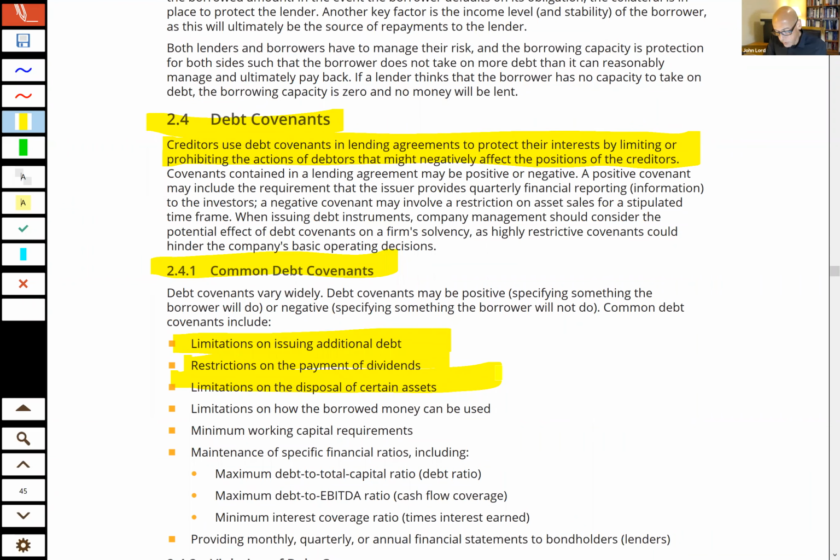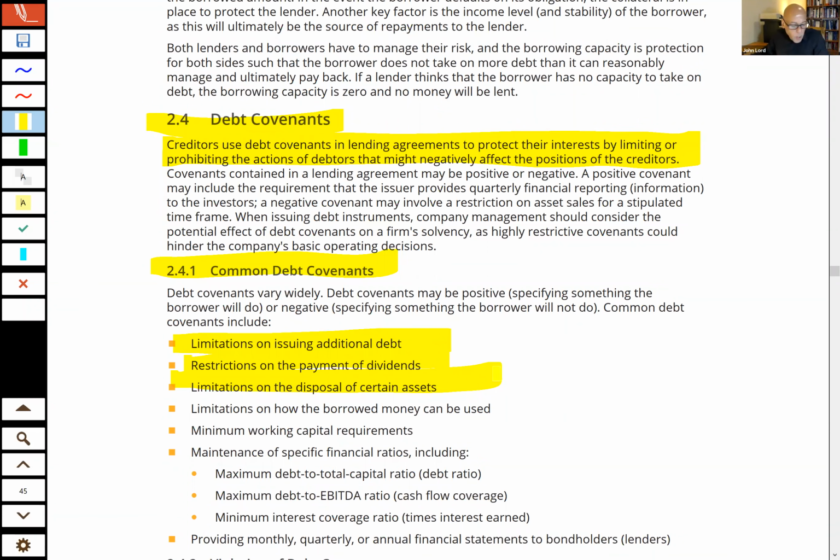So debt covenants are really a way that bondholders try to protect themselves. They'll say you're not going to issue any more debt after this, or if your debt to equity or debt to asset ratio goes to a certain level, then you're going to have to pay immediately on our debt. We want to make sure we get paid. So it's a way that bondholders protect themselves through debt covenants.